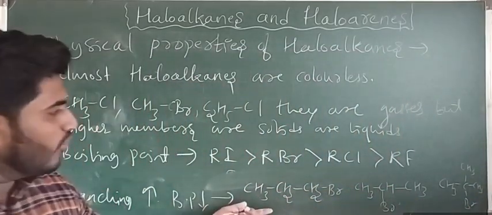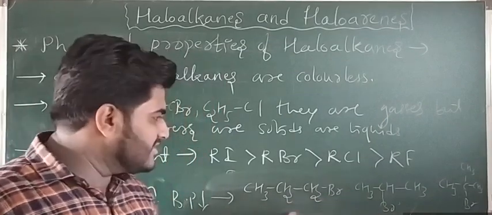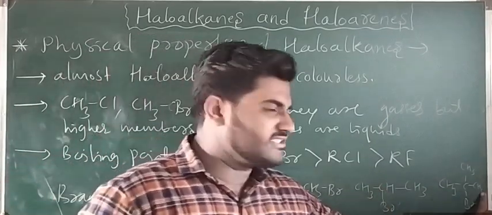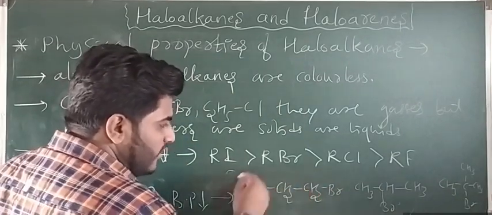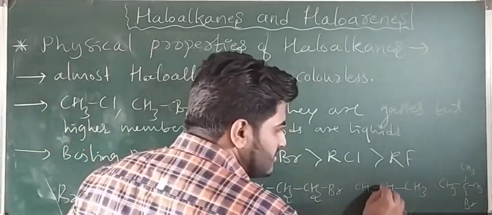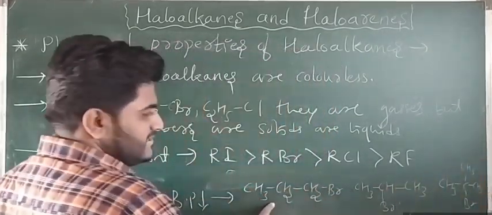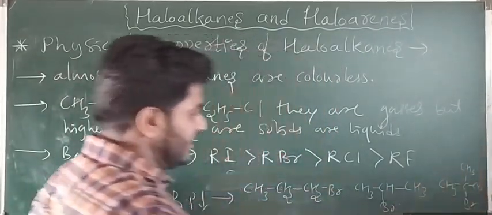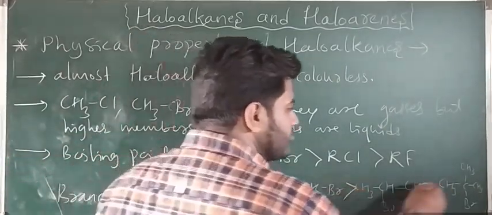Carefully see here, all have the same molecular formula but different branching. Here it is a straight chain, here secondary, this is tertiary, because bromine is attached to a carbon with one, two, or three substituent groups. This is primary, secondary, tertiary. As branching increases, boiling point decreases.